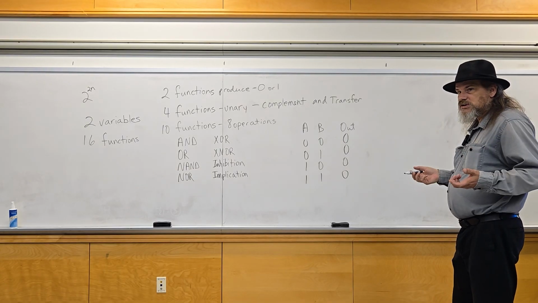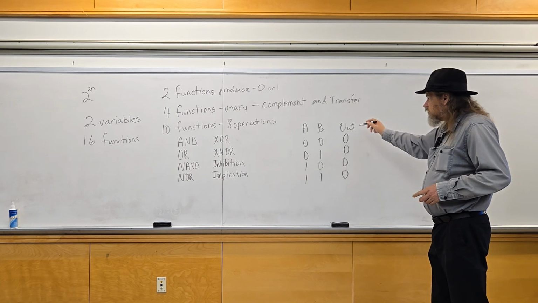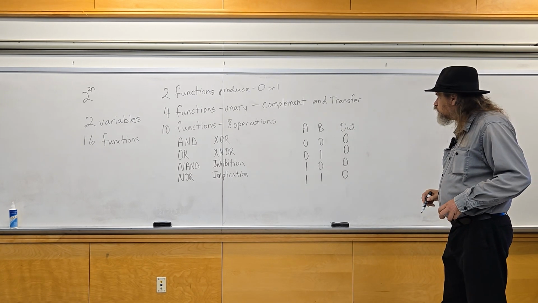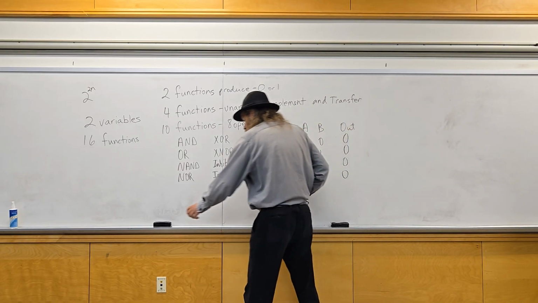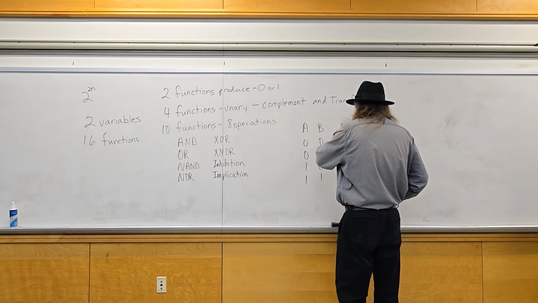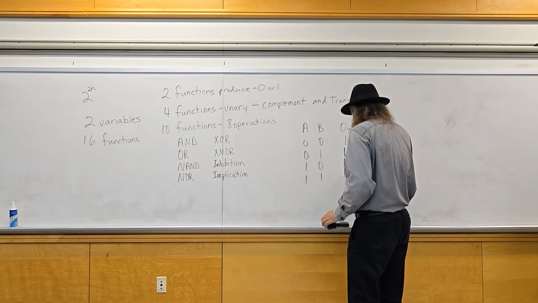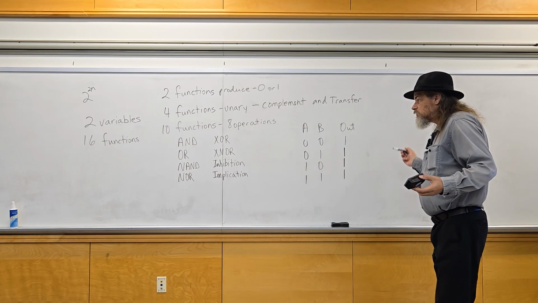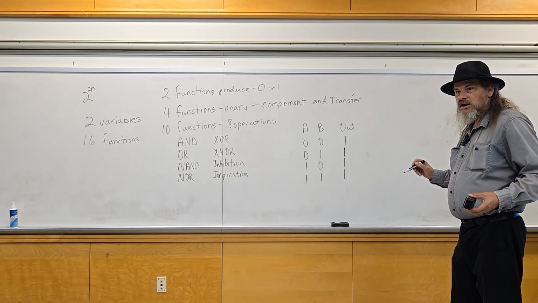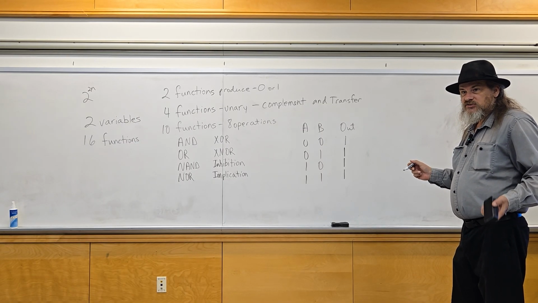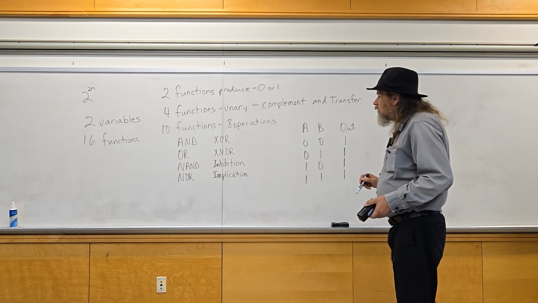That's effectively connecting the output to ground. Likewise, you have the one function, the identity function, that produces a 1 regardless of the input. That's the same as connecting your output to the power line. Okay?